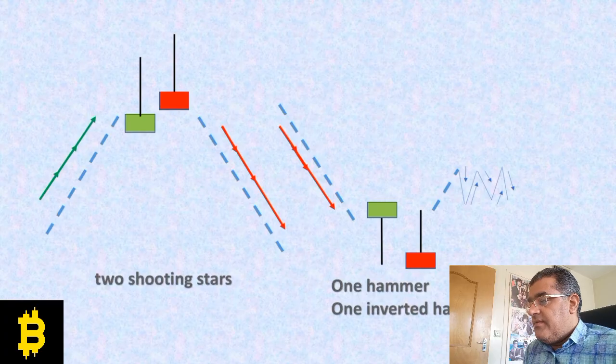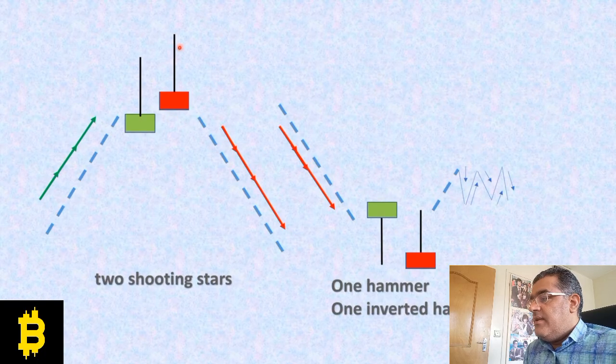So if we see these 2 pin bars at the bottom of the downward trend, then the trend goes upward, reversing the direction from downward to upward. And the same thing here, this one goes from downward to upward direction.